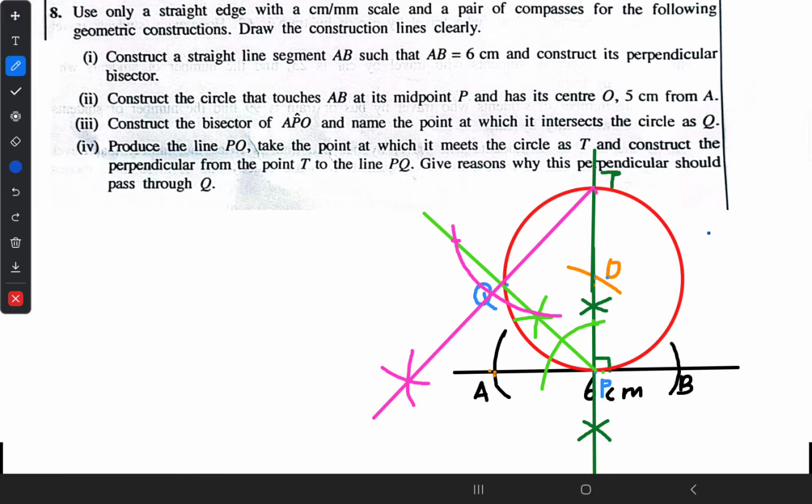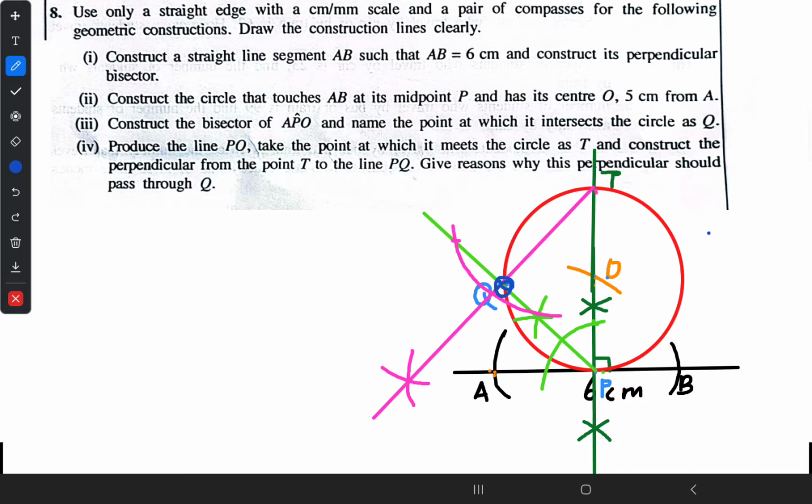Thereafter, they asked to give reasons why this perpendicular should pass through Q. Next statement was, here we constructed a perpendicular line. That should be somewhere here or here or here. No, but it's perfectly going through Q. Here we have already denoted the point Q where the angle bisector of APO and the circle coincide.